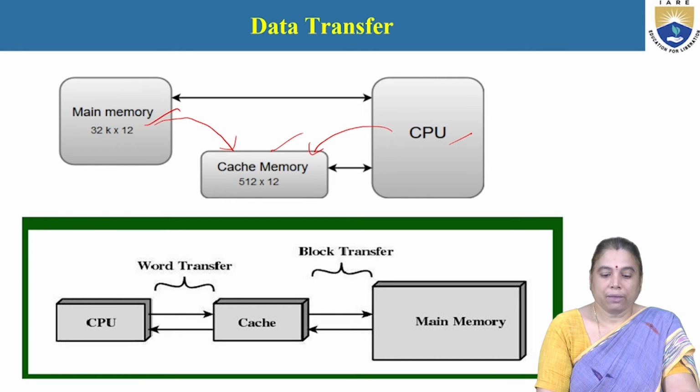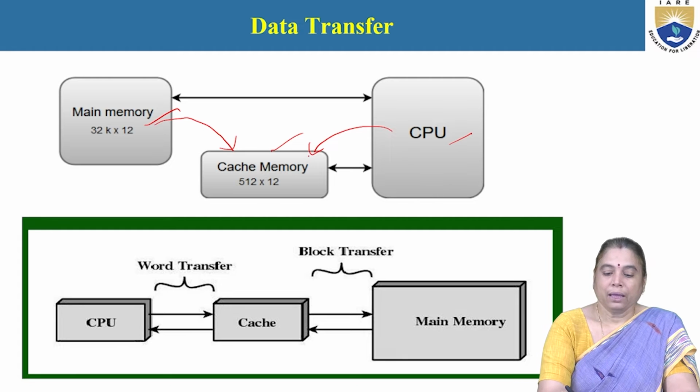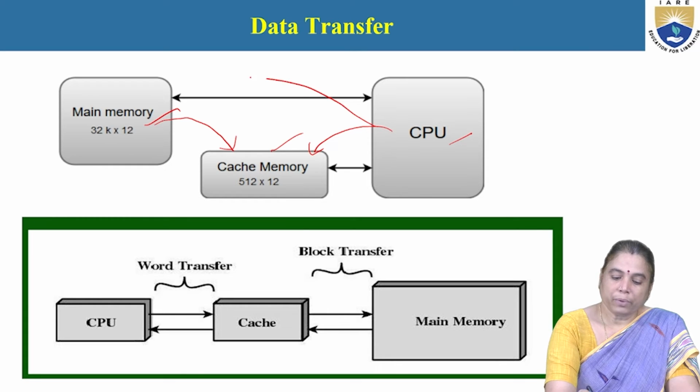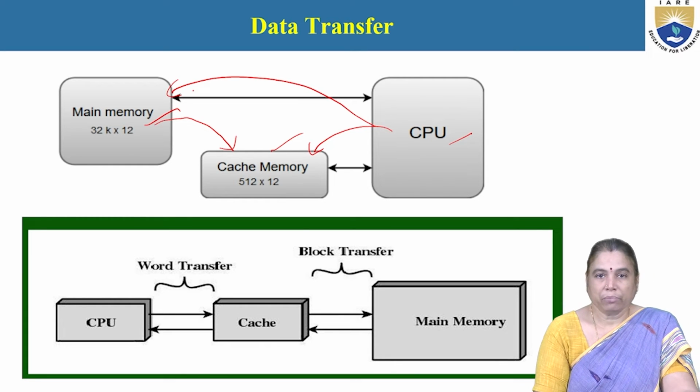If they are available in the cache memory, it can access them and execute very quickly. If they are not available in the cache memory, only then will the CPU go and look into the main memory to see whether these instructions are available there.